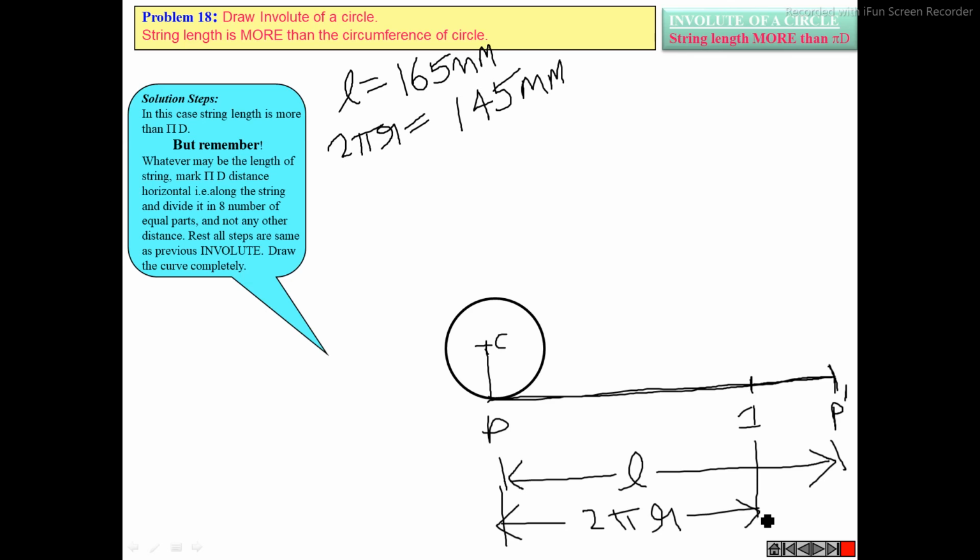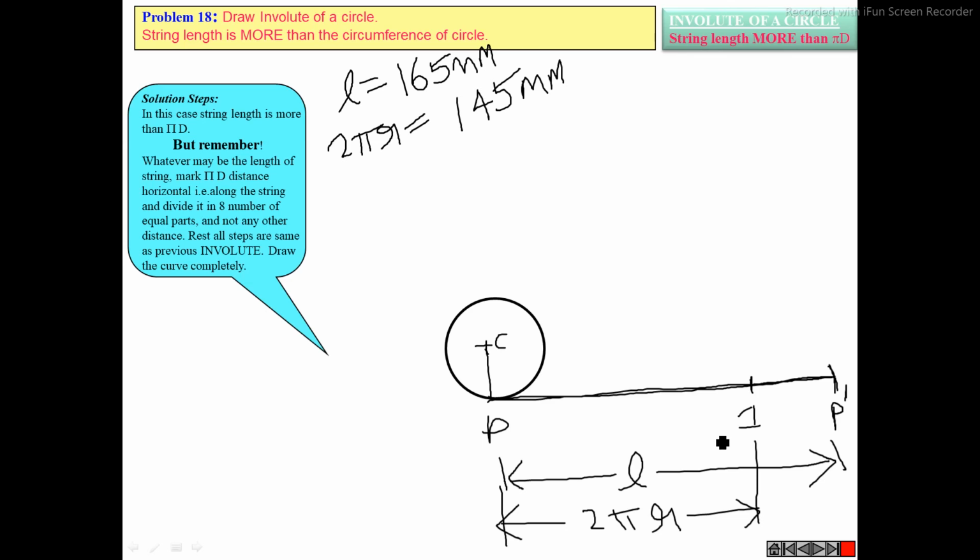In the last case, point P dash and 1 were the same point. Why? Because L was equal to 2 pi r. Yes or no? Yes, sir. If you see the last case, point P dash and 1 is the same point, because the length is equal to 2 pi r.